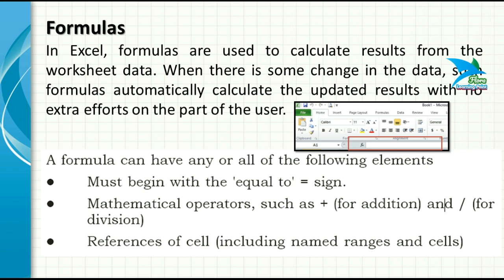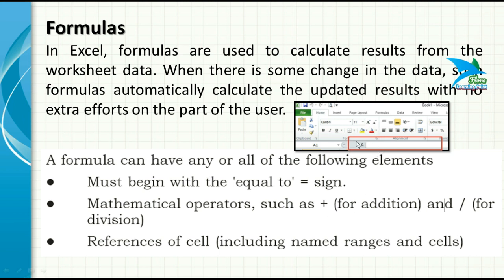So if you are using formulas, whenever you change the value of a particular cell, the result will automatically change according to the specified formula. You don't need to manually update the result. The results will be automatically updated.